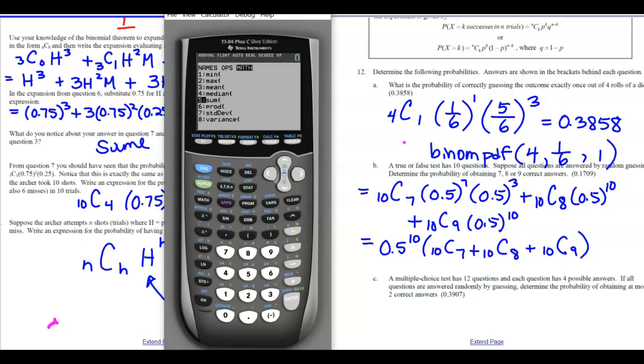Say you had entered values in L1, that's why it's called list. The first screen was L1, L2, so you can find the min, the max, the mean, median, sum. Last semester, we just did one variable stats, and it gave us all of those values together from our list. But in this case, we don't have it in a list. So we're going to enter on that, and then answer, close brackets, and it should give you the answer.